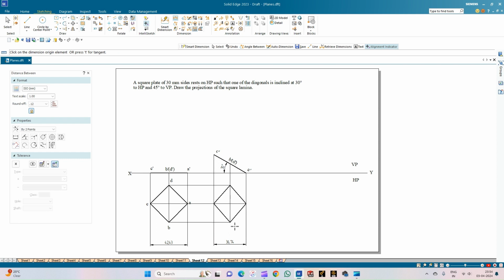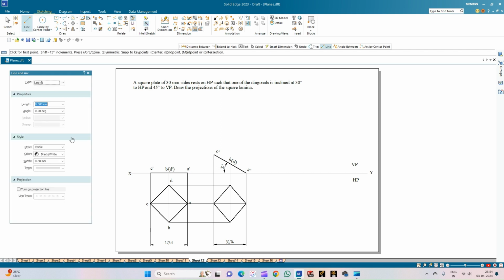So this is the distorted position of the square lamina. So keeping this in mind, we can just see that it is this diagonal which is also inclined to VP. So obviously the given angle here is a non-beta angle. So here it is the angle phi which is given to us, and we need to construct the beta angle.